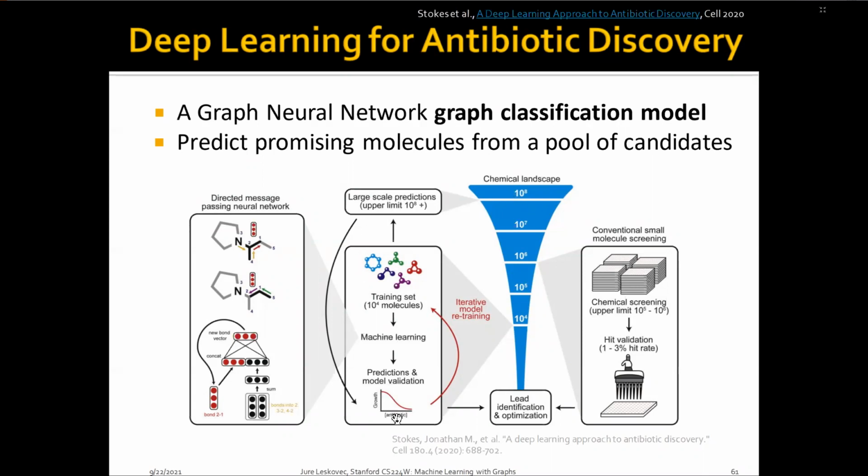So we can do a much larger scale of screening in the beginning, and then we can pick all the most likely candidates to do this traditional or conventional screening or biological experiments, and then that will give us more accurate results, or gradually shrink the pool of candidates to train our model.